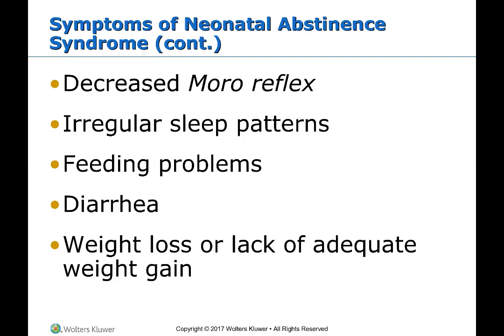So I'm going to read out of your book what it says about how to hold them and how to move them. You need to know this. It says suggestions for handling an addicted newborn include providing eye contact, touching the newborn gently, and rocking up and down, not side to side.